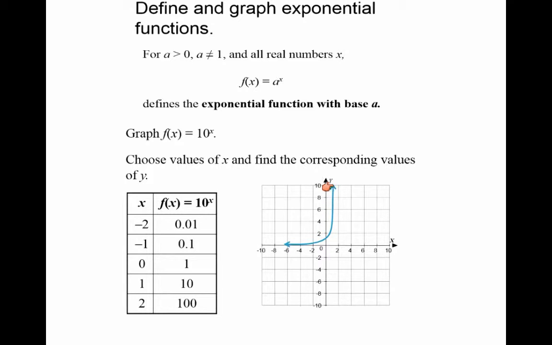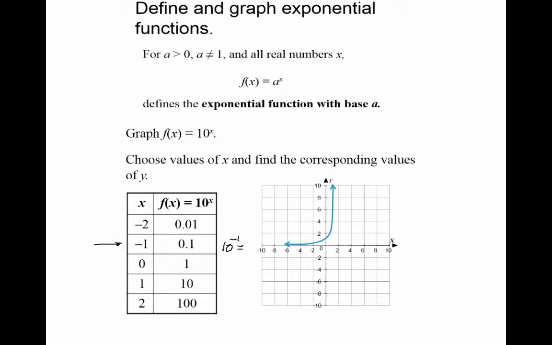And as I decrease the value of x, if I let x equal to -1, then you would have 10 to the power of -1, which is equal to 1 over 10.